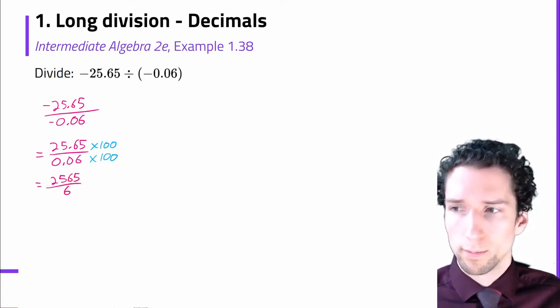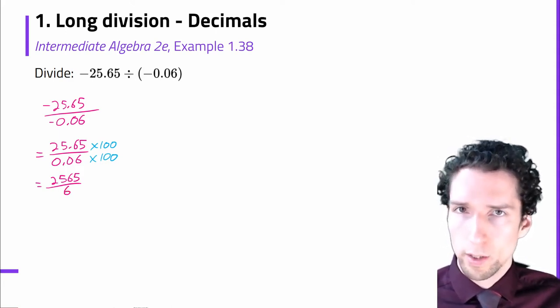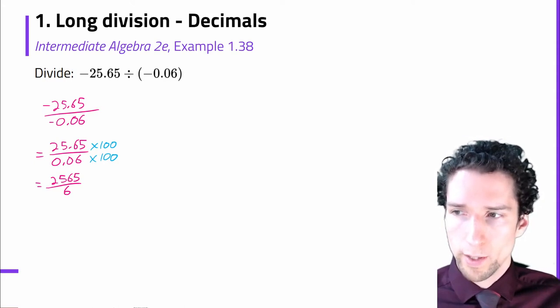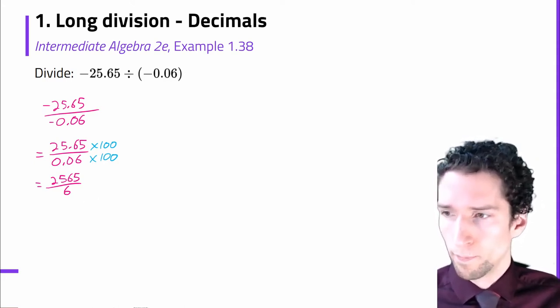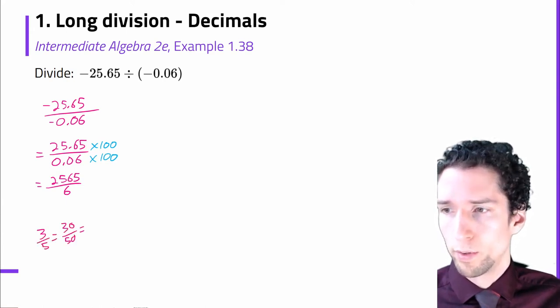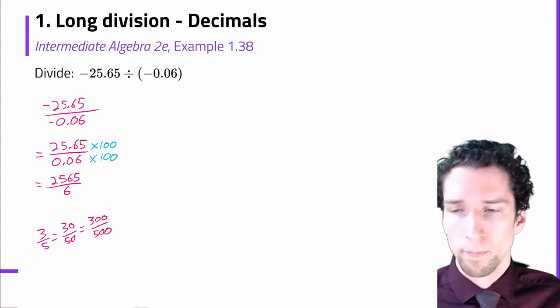So that works. As long as we do the same operation on the top and the bottom, then our fraction stays balanced and our result will be the same. Just like 3 over 5 is equal to 30 over 50, which is equal to 300 over 500, like this.